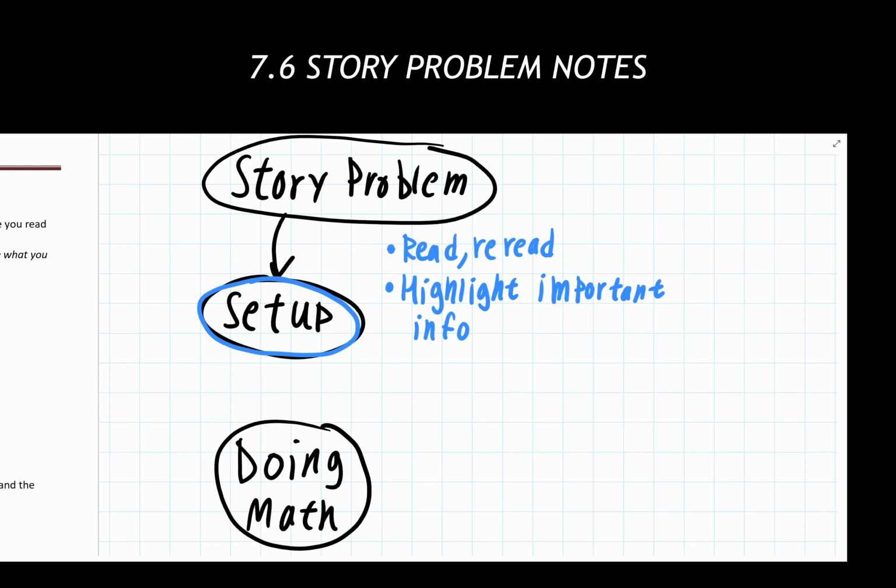It could mean you are making bullet points, literally highlighting, underlining, circling, or crossing out information, whatever you need. But you want to try and figure out what's the actual useful information that this problem is giving you and what is useless.